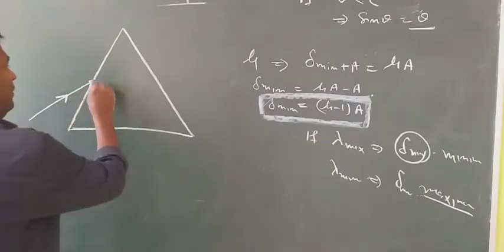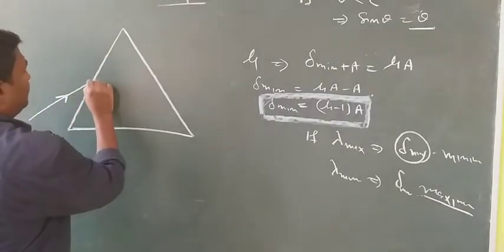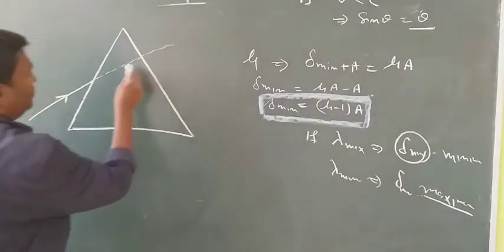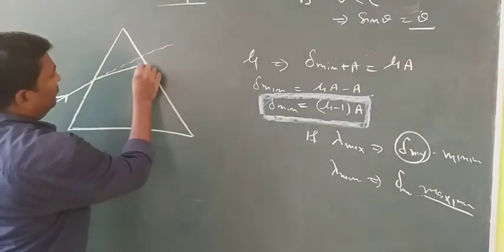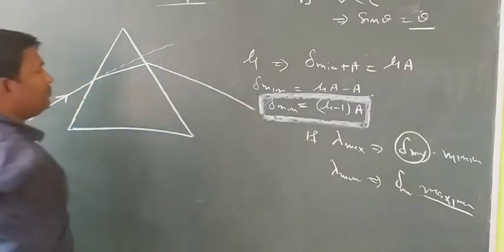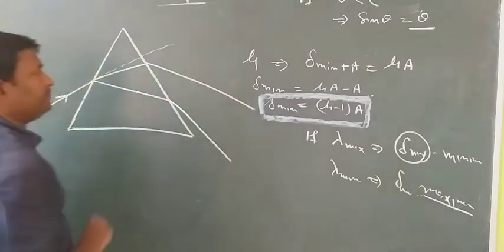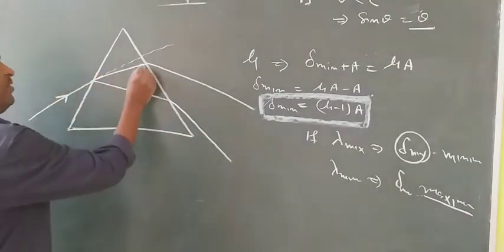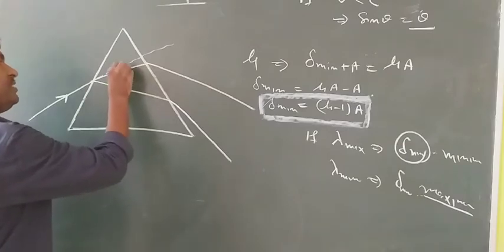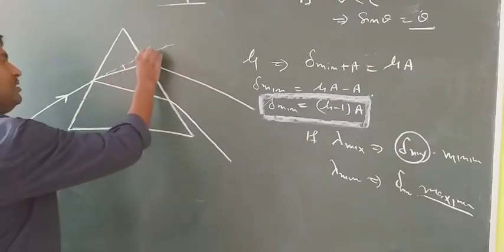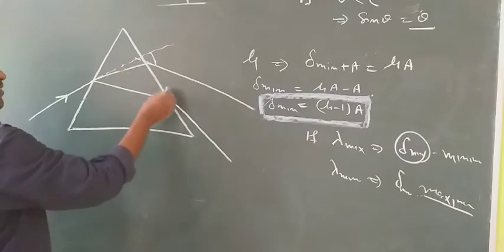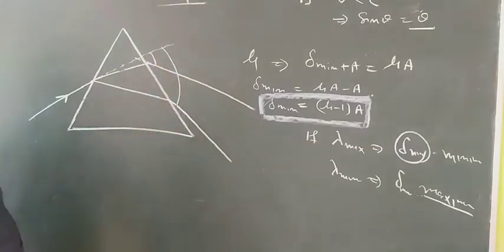This light ray will deviate from its initial direction. Now, one light will deviate like this and another light ray will deviate like this. Now see, for this light ray, this much deviation, and for this light ray, this much deviation is there.